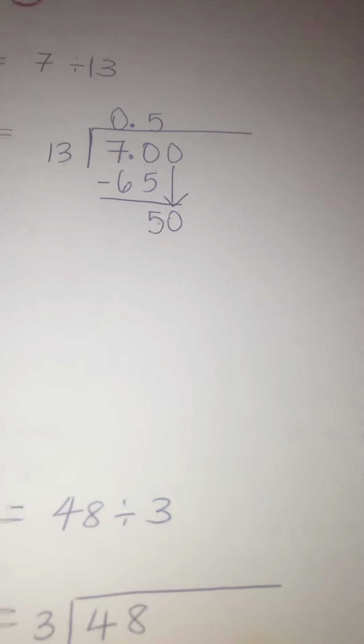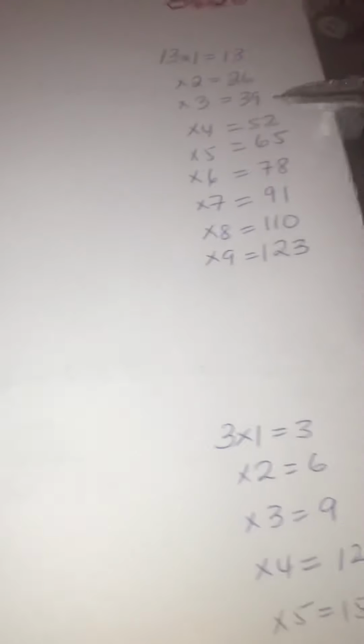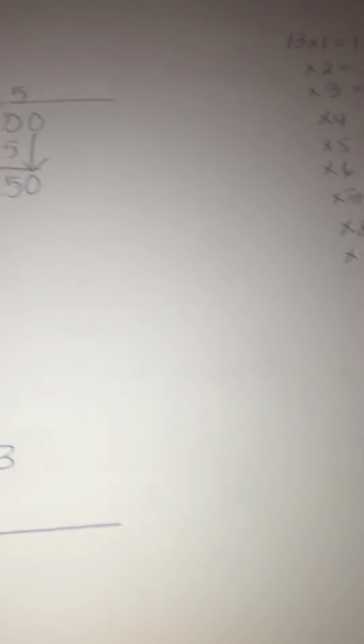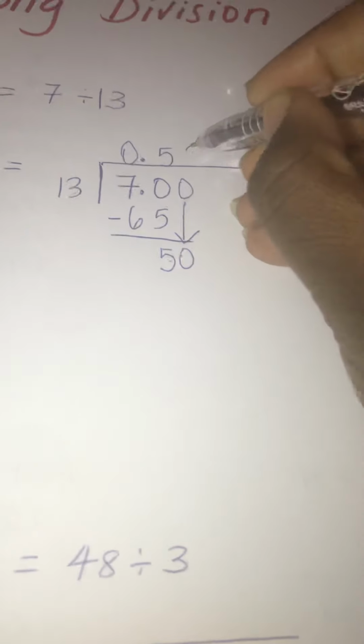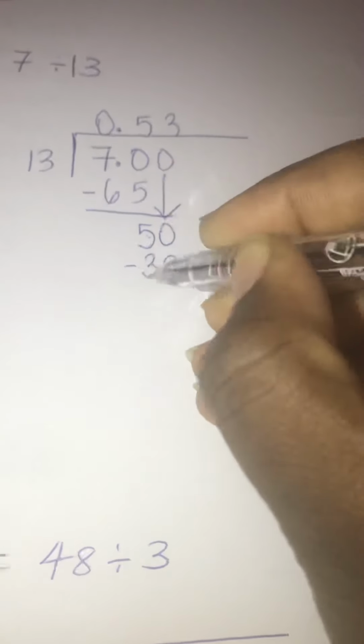And the process continues. Can 13 go into 50? Yes. I come here and look. 52 is more than 50, so I will choose 39. So 13 times 3 is 39.